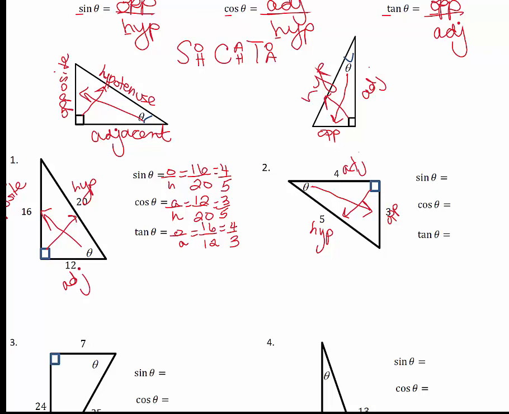Setting up the ratios, if you look up at top, it's opposite over hypotenuse, so 3 over 5. Cosine is adjacent over hypotenuse, or 4 over 5. And tangent is opposite over adjacent, 3 over 4. And I would leave them as fractions.